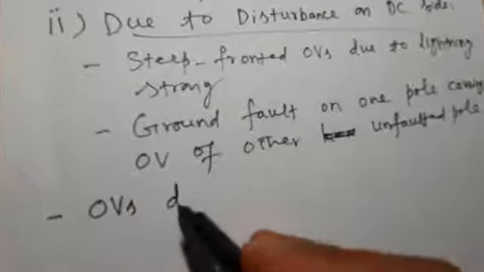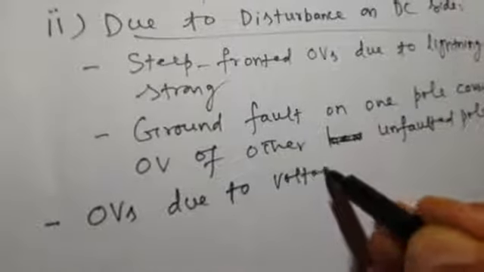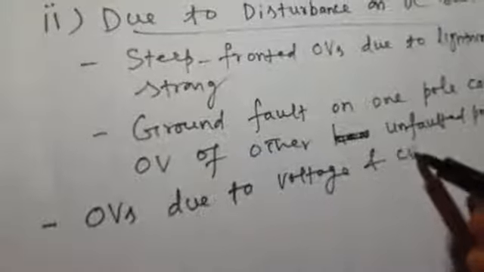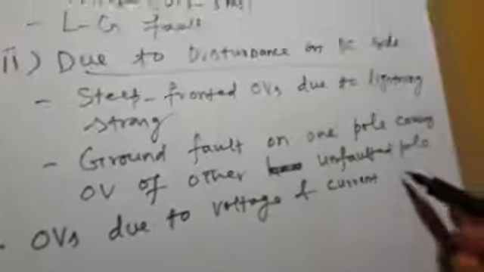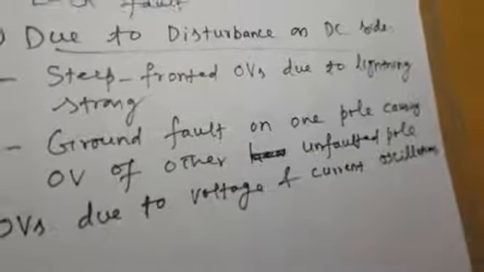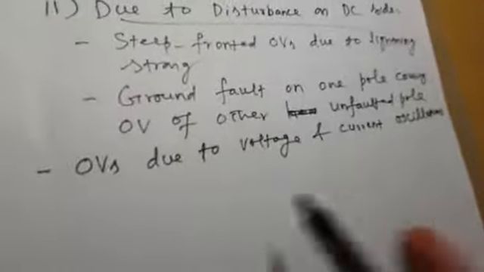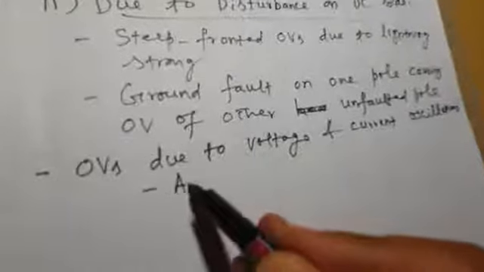Third is overvoltages due to voltage and current oscillations. Over the last 3 lectures we have studied various types of converter maloperations. One of the maloperations was, if you remember, arc through.